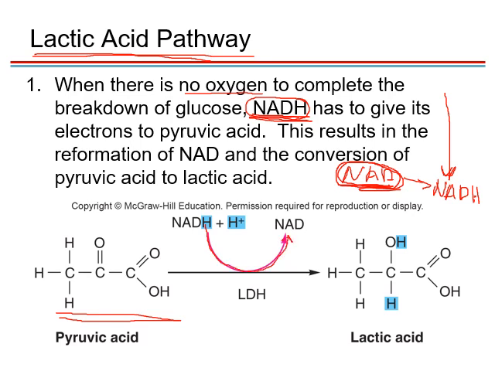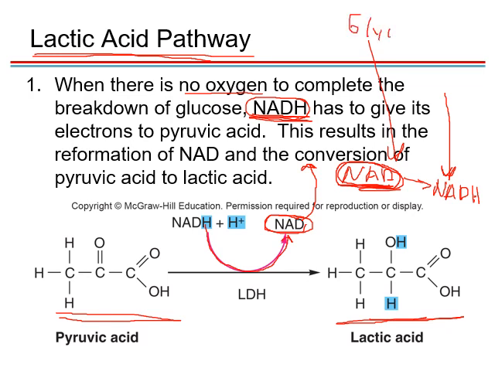In the lactic acid pathway, we go the opposite direction. We are oxidizing NADH, and we reduce pyruvic acid to lactic acid. This regenerates our NAD molecules. Now, with this, we can go back, take this to glycolysis, and run glycolysis one more time.